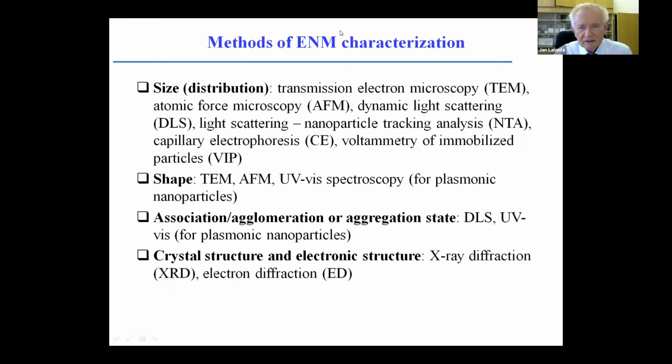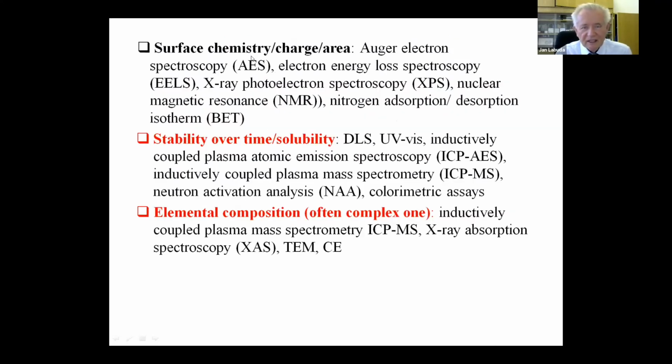The system names a rather large scale of physical and chemical methods for characterization of these materials. From physical, it is size, shape, association, agglomeration state, crystal structure, and surface chemistry.